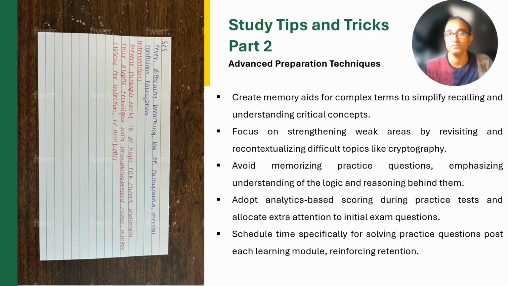That will not help. Adapt to the adaptive scoring, which means pay attention to the question that you are attempting because your follow-up question may be based on the right or wrong answer that you give on your current question. Also, it is time bound, so practice it as a time bound exercise.